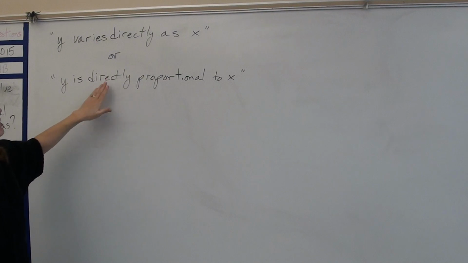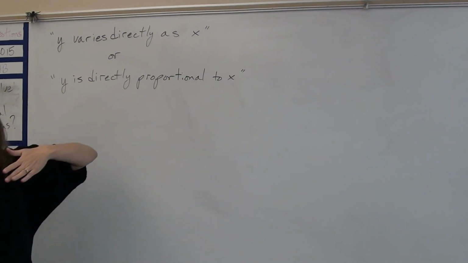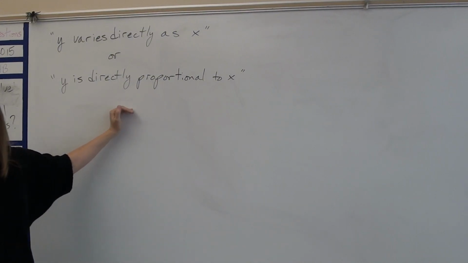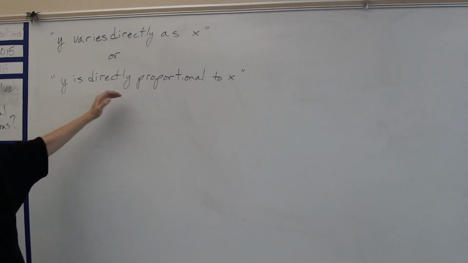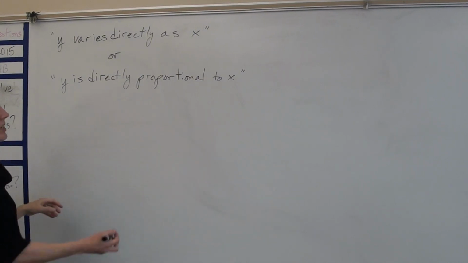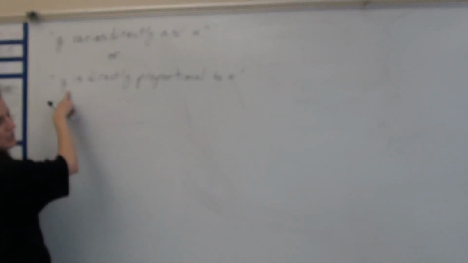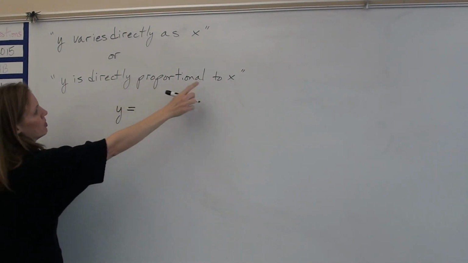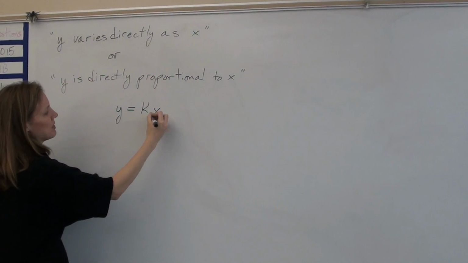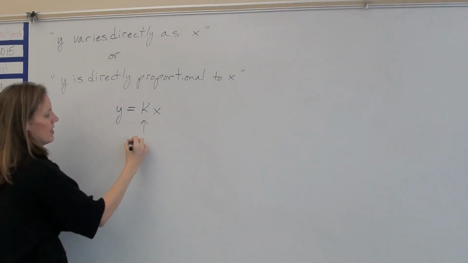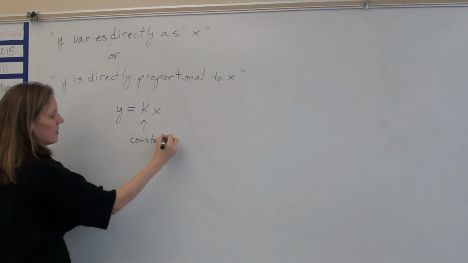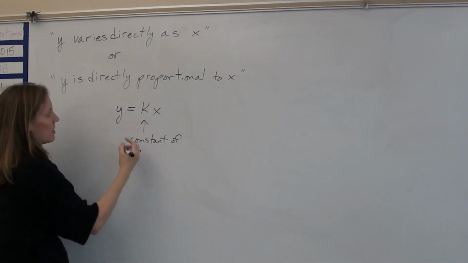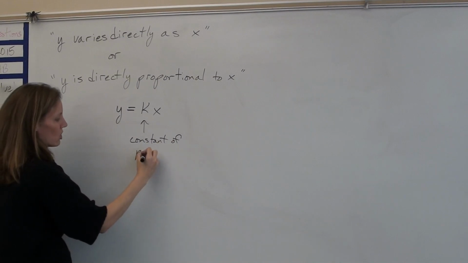A lot of times you won't see the word directly. You'll just say y is proportional to x. If it just says y is proportional to x, it means directly proportional. And whenever you see something is proportional to something, here's what you write. You write for whatever this is, in this case it's y, equals, and then proportional to means k times x, where k is the constant of proportionality, or if you're using that wording, you would say the constant of variation.